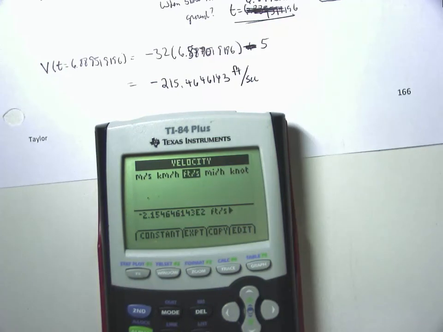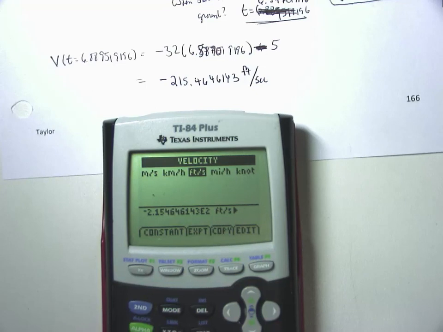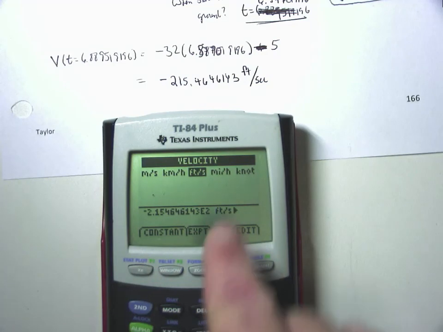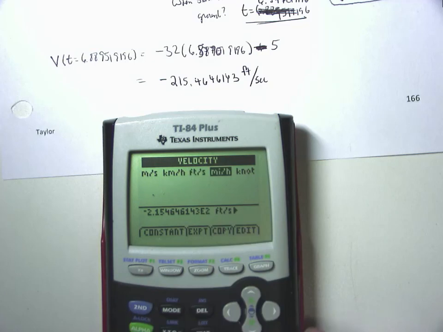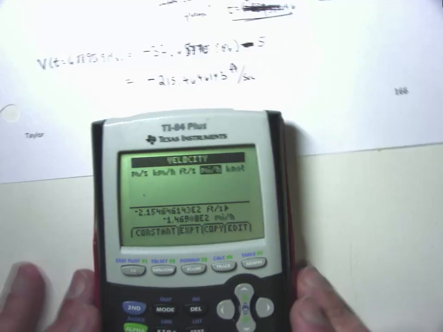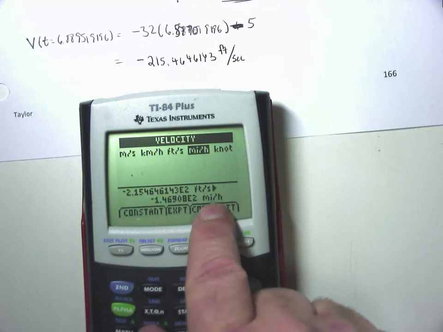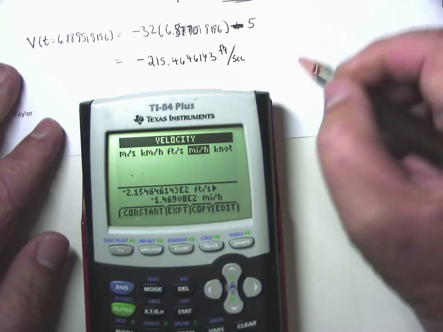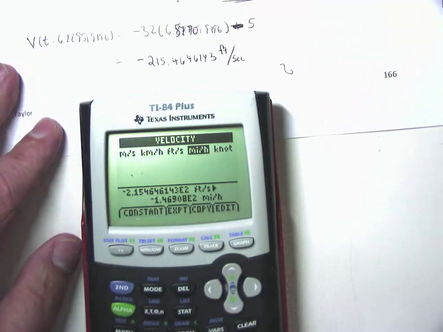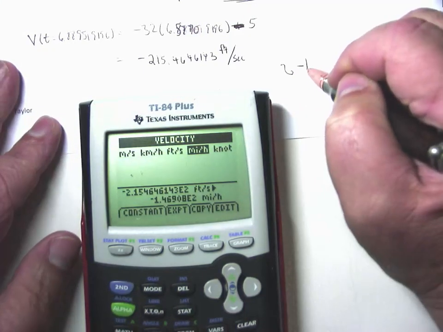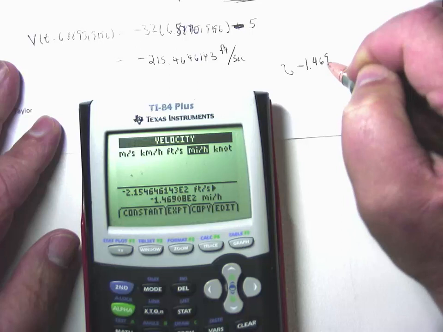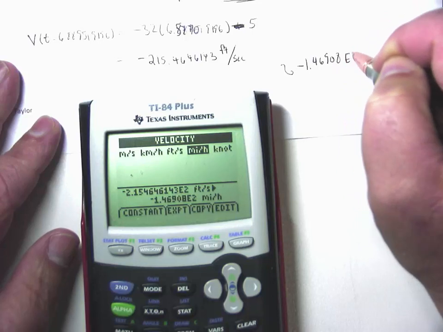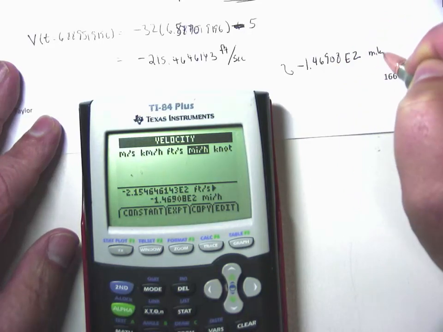To understand how much that is, I'm going to convert it to miles per hour. This is scientific notation. Just for your benefit, I got negative 1.469 E2 miles per hour.